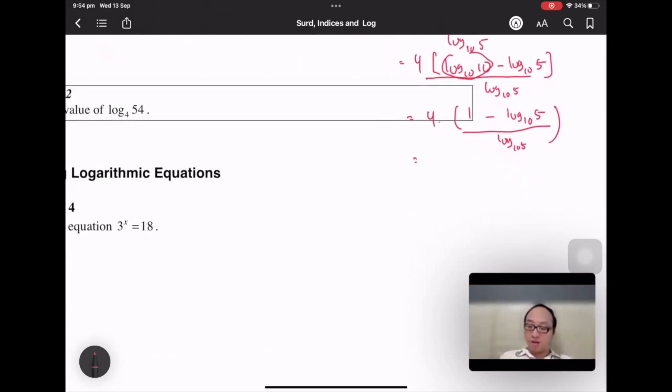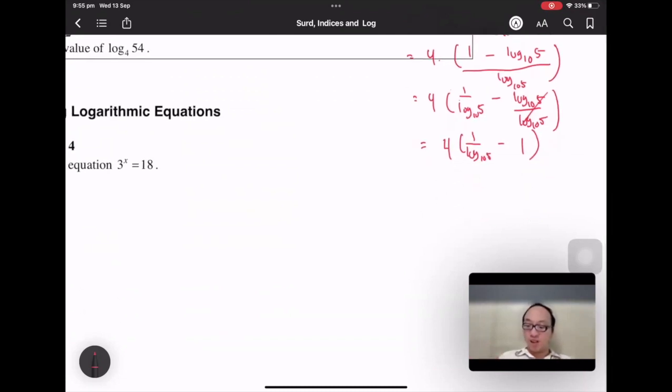So now we have 4 times 1 over log 10 of 5 minus log 10 of 5 over log 10 of 5, which is equal to 1. So that means it's 4 times 1 over log 10 of 5 minus 1.